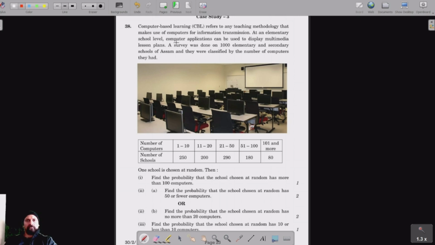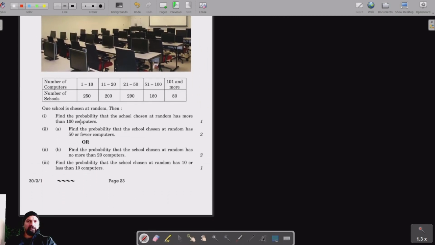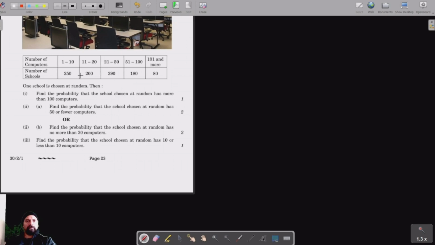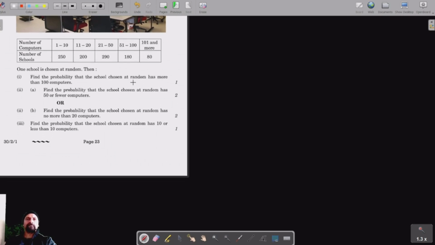At an elementary school level, computer applications can be used to display multimedia lesson plans, like on the multimedia board. The survey was done on 1,000 elementary and secondary schools of Assam, and they were classified by the number of computers they had. So this is the classification of the schools on the basis of number of computers.